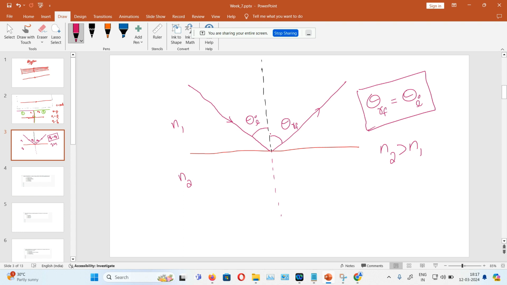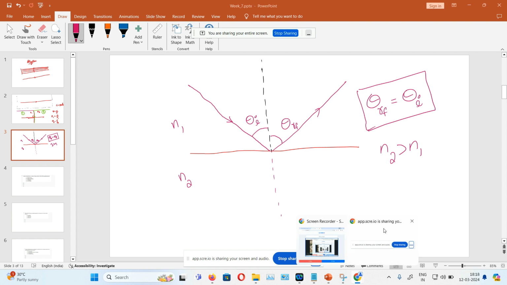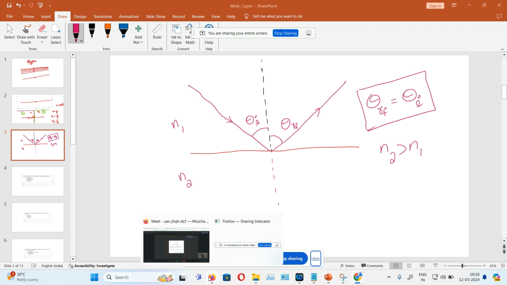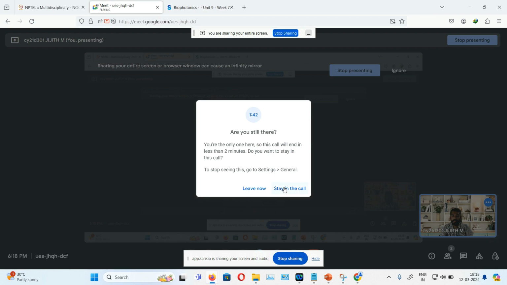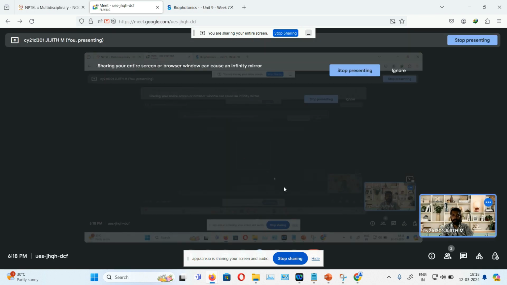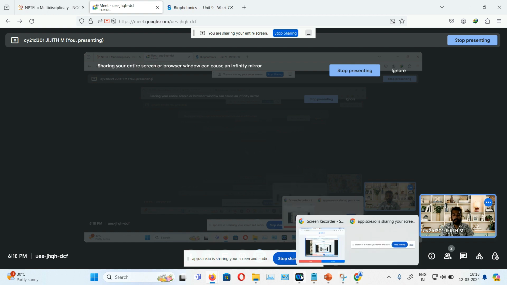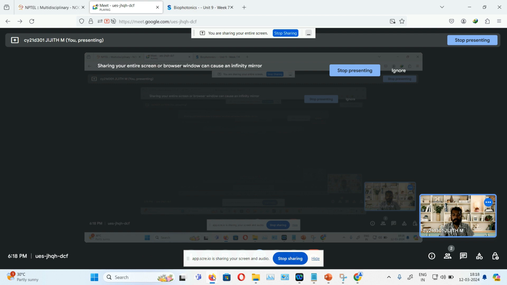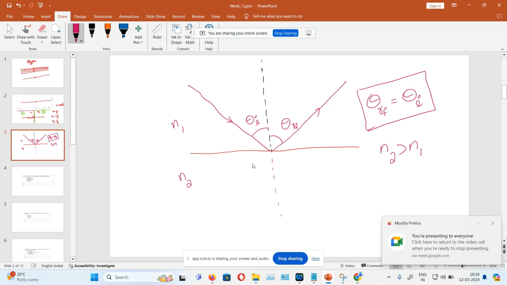So the velocity of the light decreases when traveling from one medium to the other.